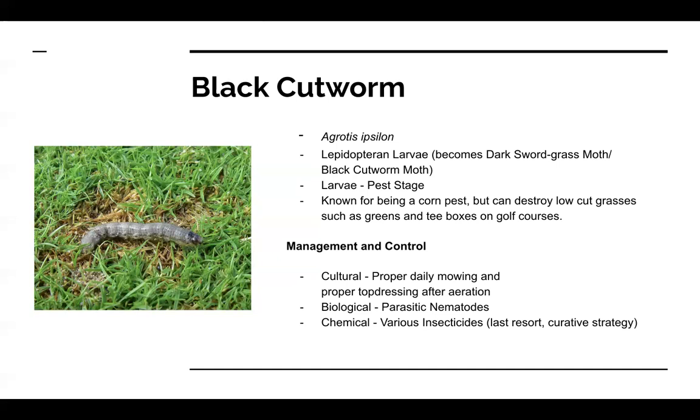My only guess would be that there's just more plant material on corn for their larvae to eat in order to survive, whereas on a grass blade, there's not that much, so they're just going to lay one egg. And so, yeah, daily mowing, proper top dressing after aeration can also prevent these.